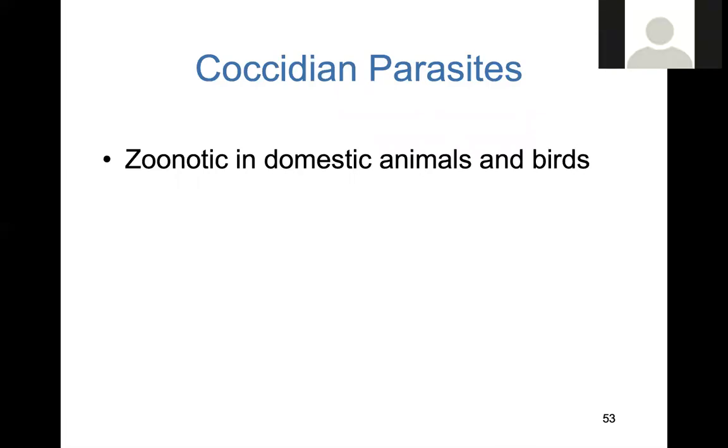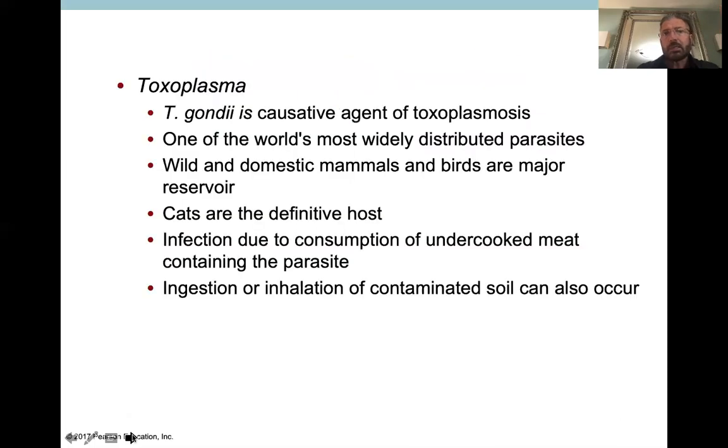Some people have reptiles or snakes, but that's not going to be part of it. Toxoplasma gondii is the causative agent of toxoplasmosis. Remember, toxoplasmosis is what we really don't want pregnant women to be around because it has a vertical transmission component.